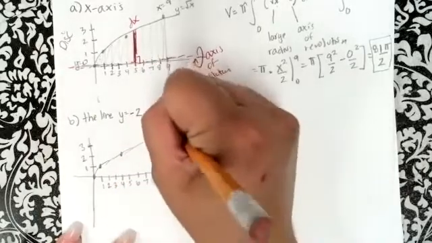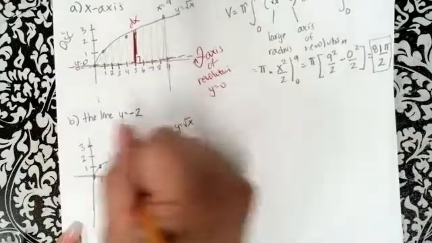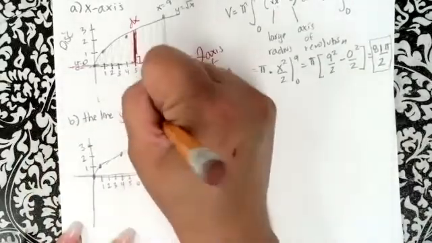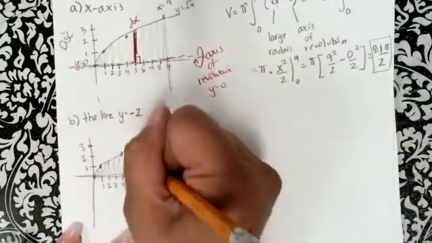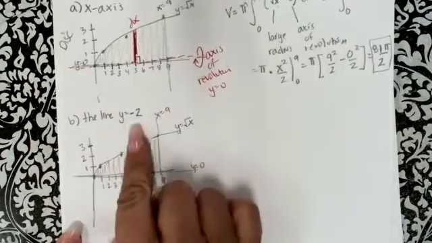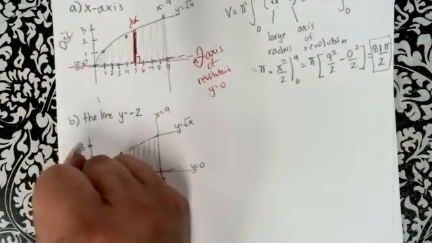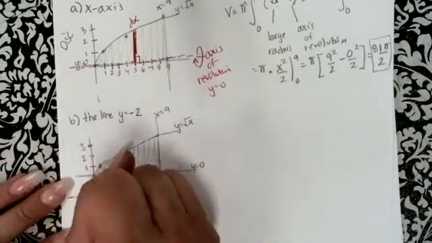So this is y equals square root of x. This is the line y equals 0. And this is the line x equals 9. So this is the area that you are revolving. But now we're going to revolve it around the y equals negative 2 line. So here's negative 1, here's negative 2. So this is going to be your axis of revolution.